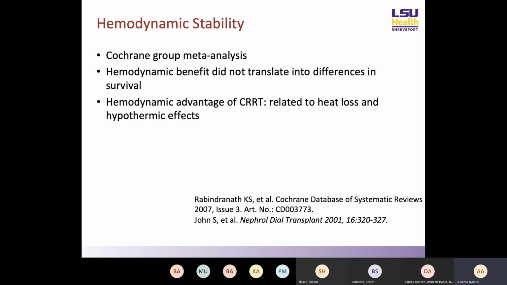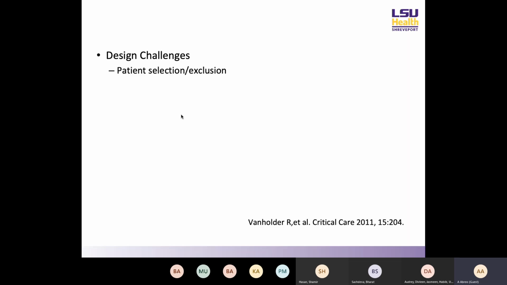They theorized that it was related to heat loss or hypothermic effects leading to an increase in blood vessel tone and higher blood pressures, but they didn't find any difference in survival between critically ill patients receiving CRRT versus intermittent hemo.